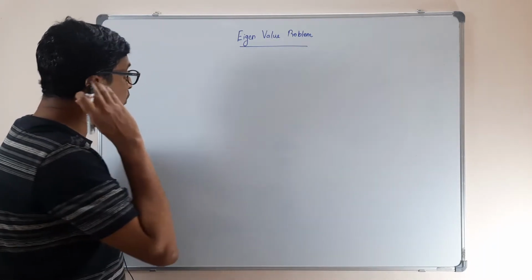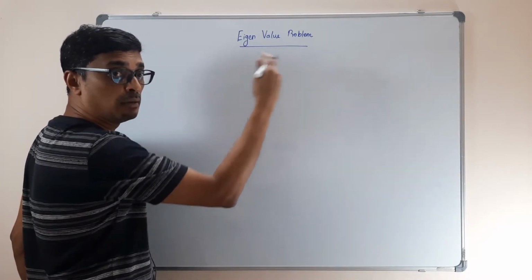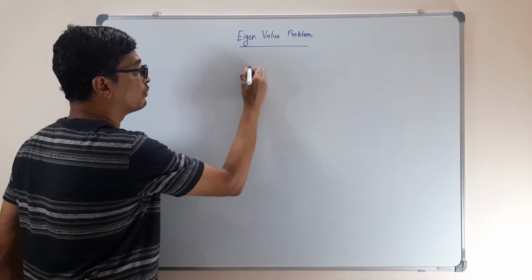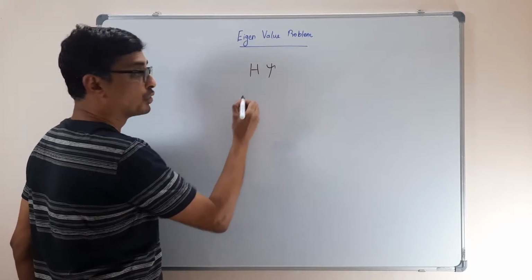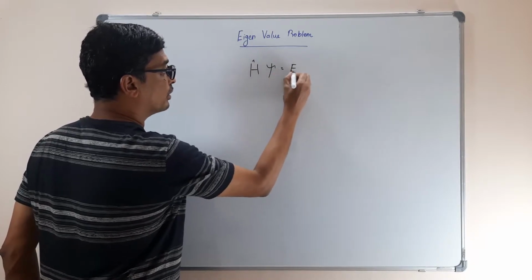Where have you faced this eigenvalue problem? One very common area is quantum mechanics, where if psi is a wave function, to find the energy of the wave function you operate with the Hamiltonian and then you get E of psi.